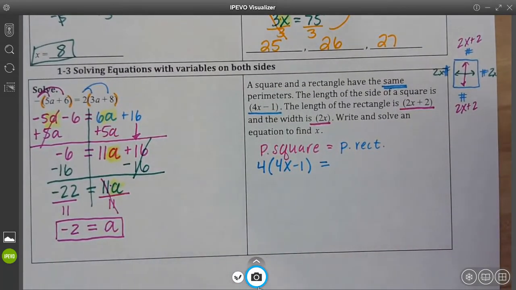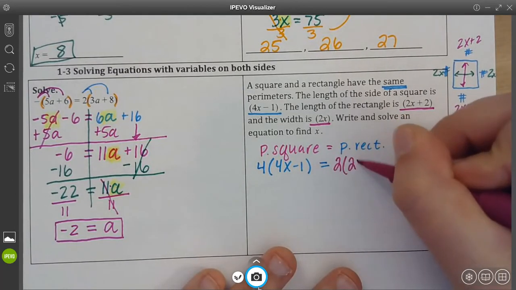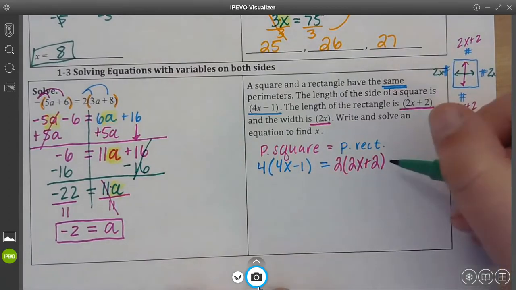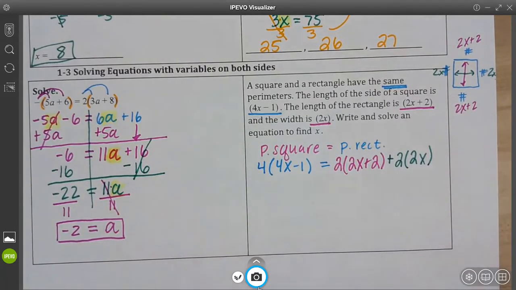So when I'm finding the perimeter of the rectangle, I have two 2x plus 2's. So I'm going to write 2 times 2x plus 2. And then I'm adding to that my two 2x's. So 2 times 2x.